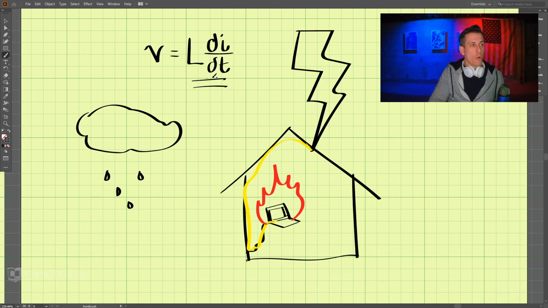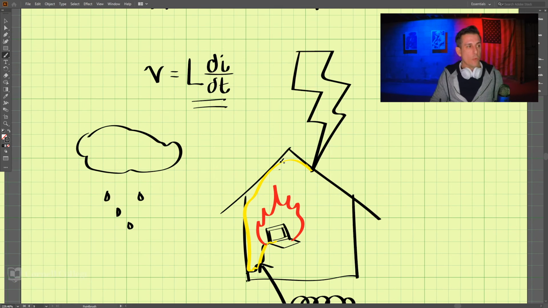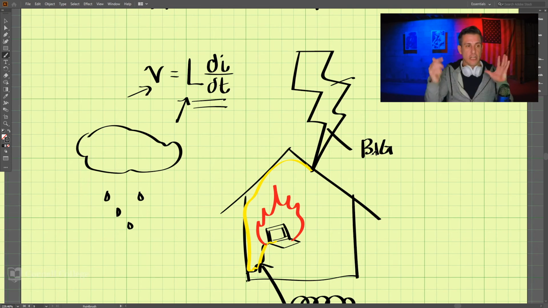So what we can do is put an inductor right here. If we put a big inductor here, with big inductance, and the voltage is very big, we have a very large voltage.